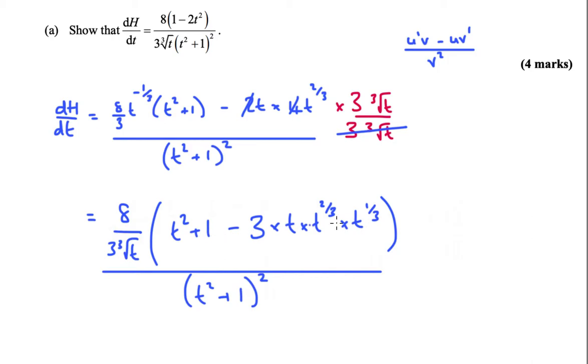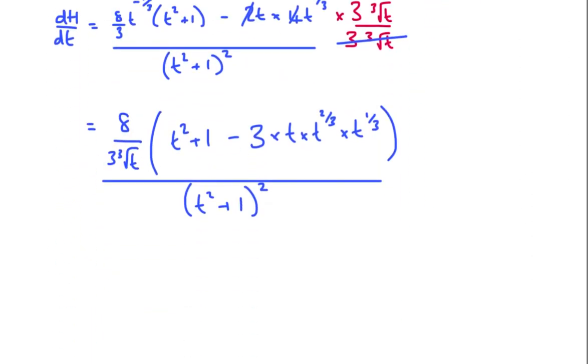Now we need to tidy this bracket up. I can also bring this denominator down here. So 8 times t squared plus 1 minus 3 lots of t to this, whatever the power is going to be. That's a power of 1, so we've got 1 plus 2/3 plus another third, so that's going to be t squared.